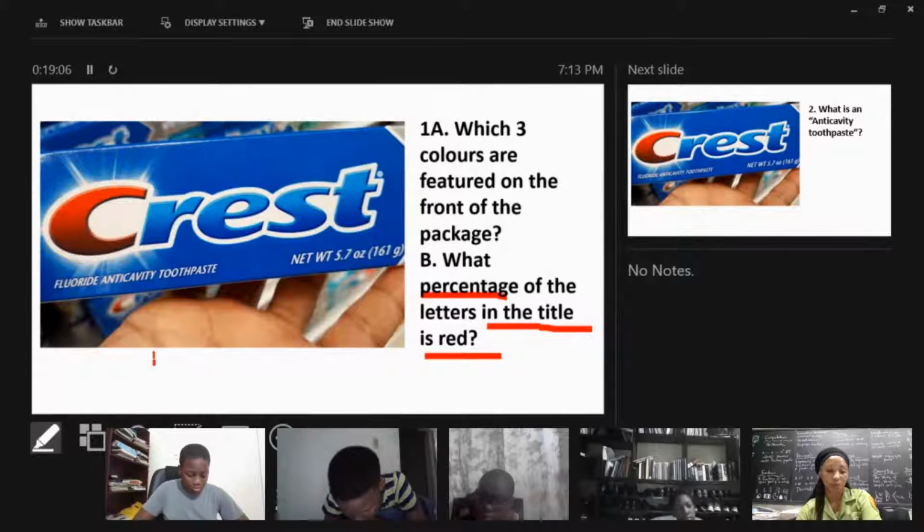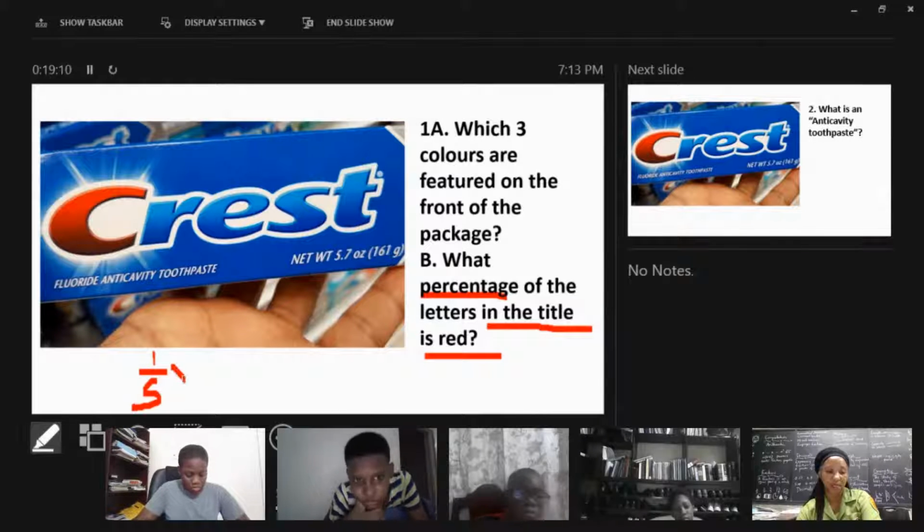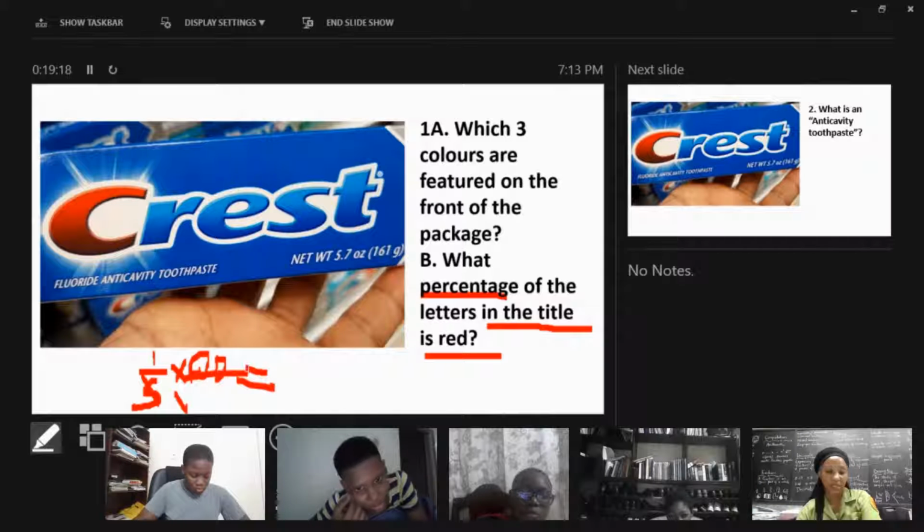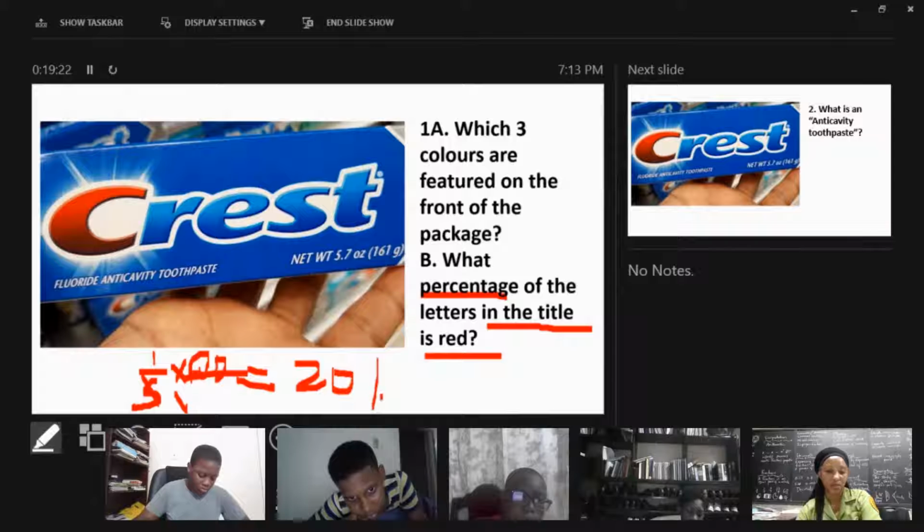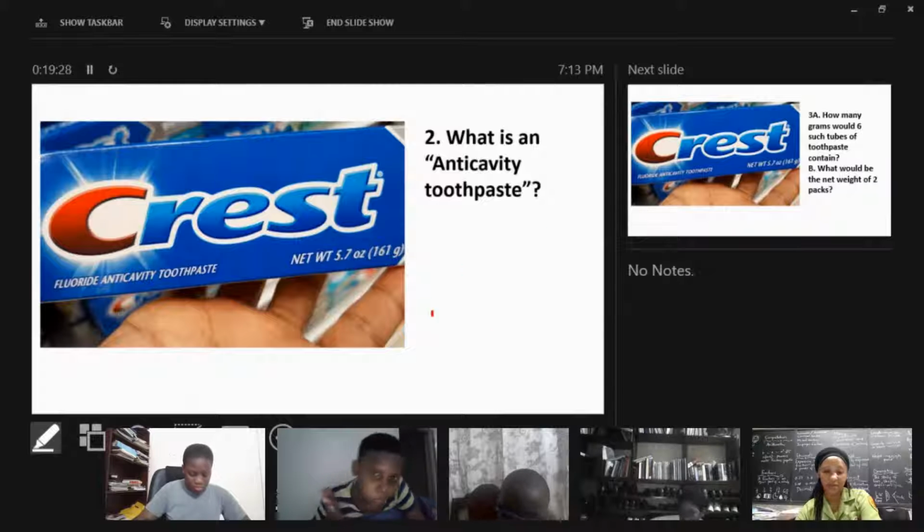So Jer is saying 1 out of the 5 times 100 because we're expressing it as percent. So 5 into 100, that's 20. So the red is 20% of the total letters there. Jaden, number 2.